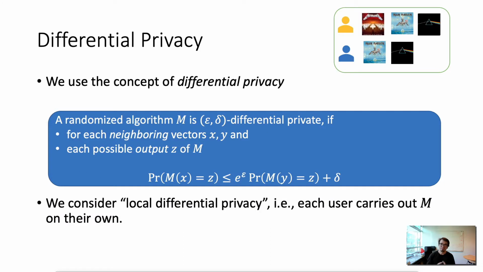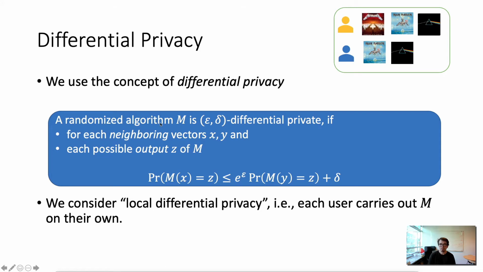So what is differential privacy? Well, it's a mathematical notion, and it's a property that a randomized algorithm can have. In the definition, there's a randomized algorithm M, and it is epsilon-delta differentially private if for each pair of neighboring vectors x and y, and each possible output that the algorithm can produce, we have a certain relation of probabilities.